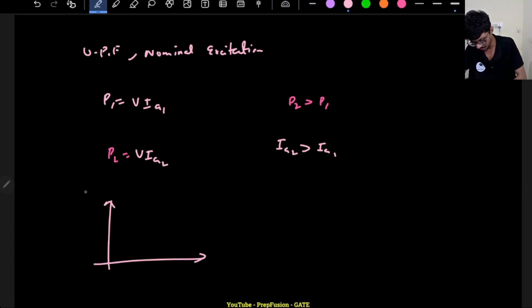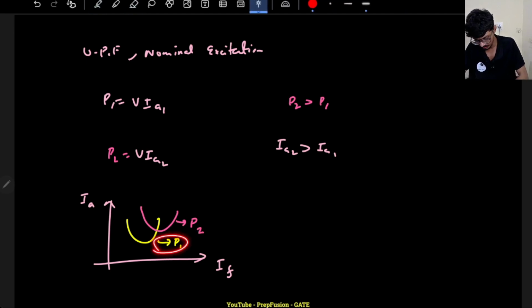If the initial graph was this, then this graph is for P1, this graph is for P2.